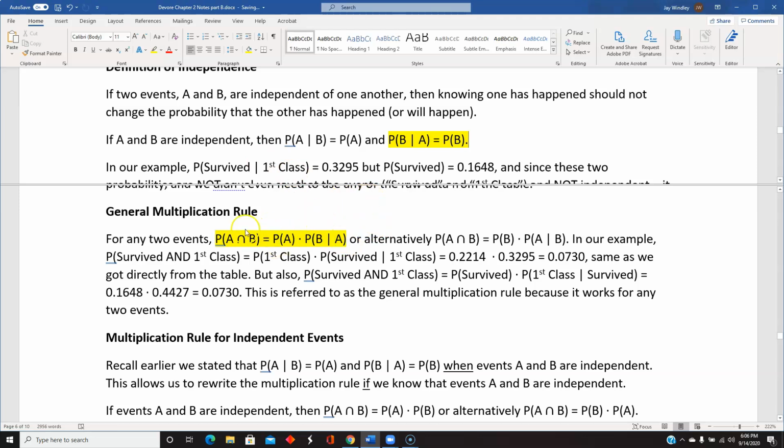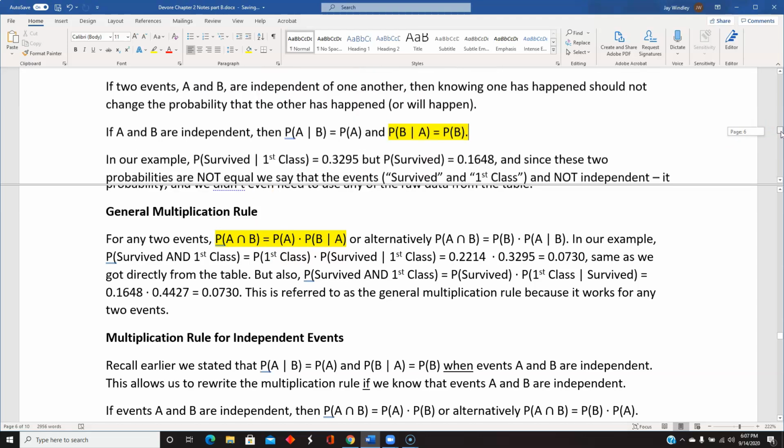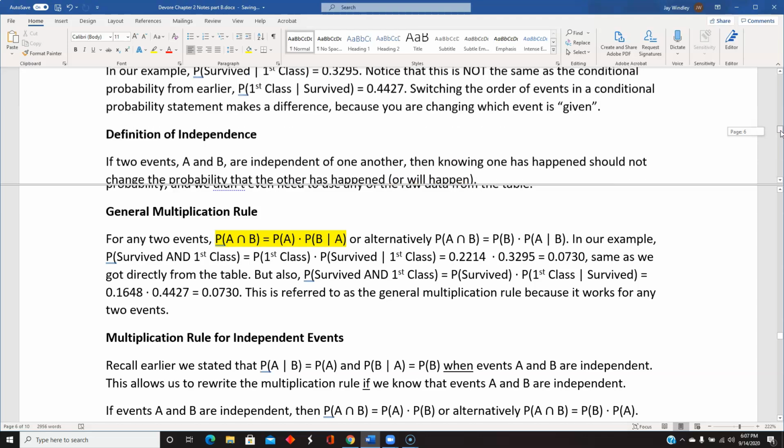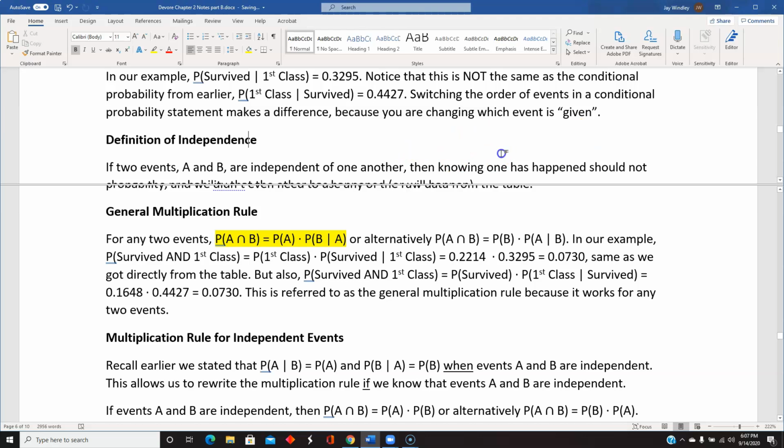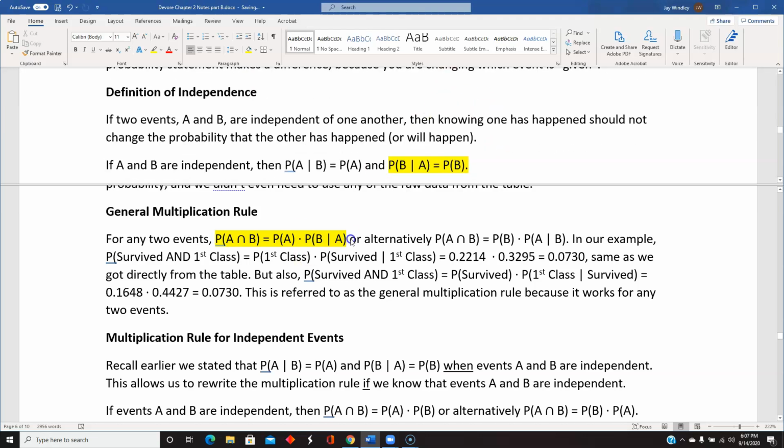So notice this multiplication rule: if I knew that the events were independent, then I could say the probability of A given B, I could replace that with the probability of A. And then this would just say probability of A times probability of B. So that's what I've written here for the multiplication rule for independent events.